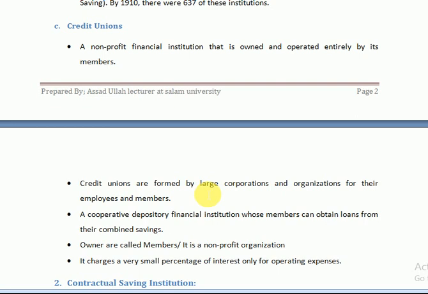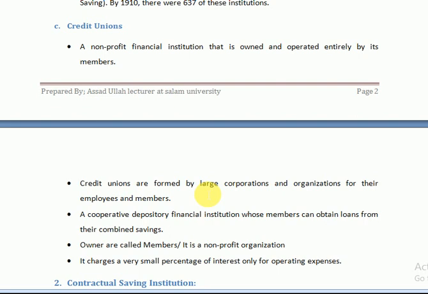They charge a very small amount of interest on borrowing. So the main aim of these unions is to give financial support to members of different corporations. Their main source of generating funds is the deposits of the members.